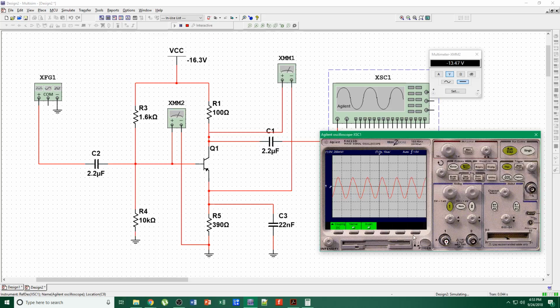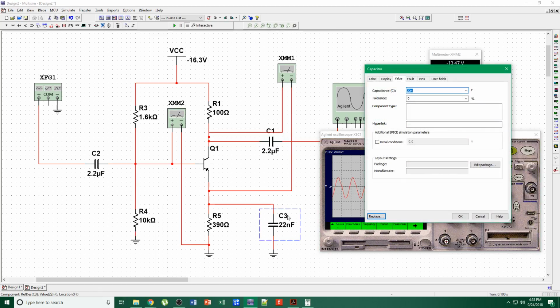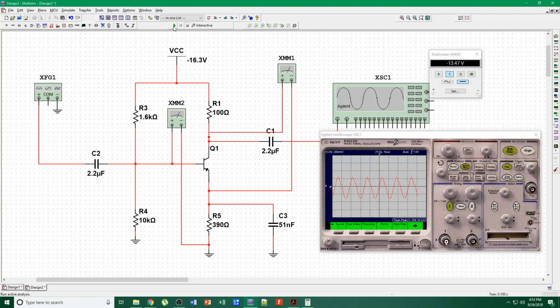It's a little nasty, but 500 millivolt peak to peak. That is not amplifying it very much at all. Let's bring up the gain cap. 1.18 volts, a little better.